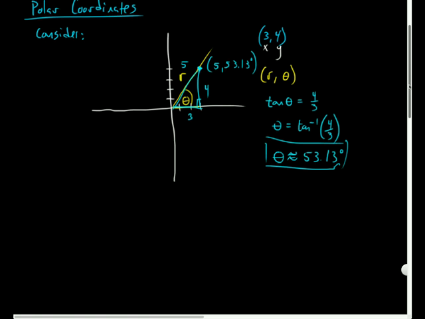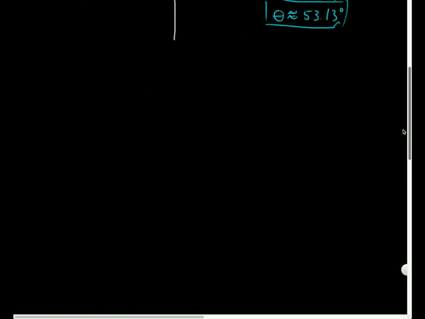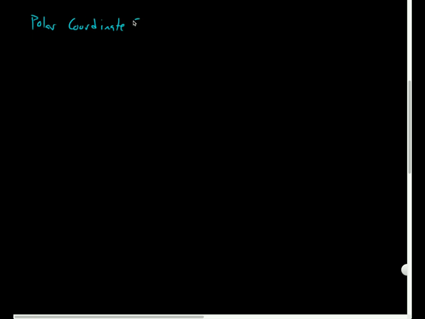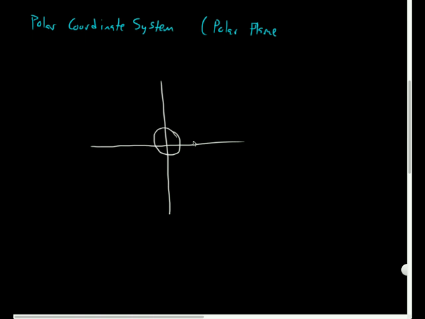All right, so let me show you what the polar coordinate system actually looks like. This is the polar coordinate system, also known as the polar plane. And instead of having a rectangular system, I'm going to have a whole bunch of concentric circles.